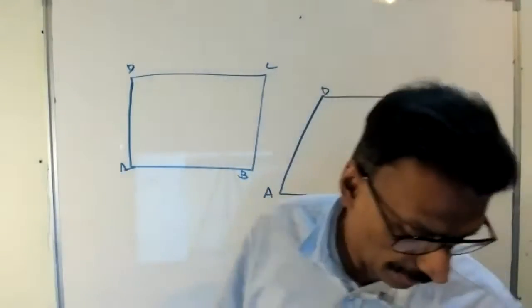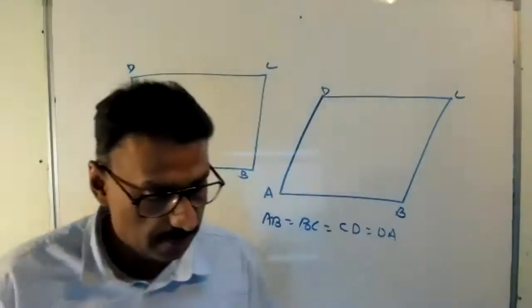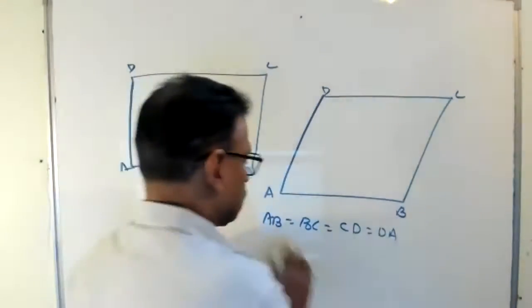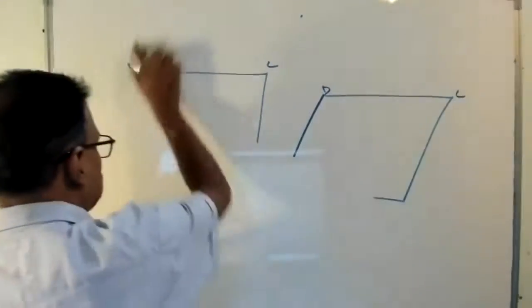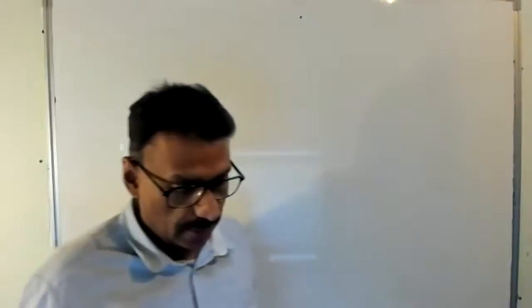Next one, square. A square is a rectangle with one pair of adjacent sides equal.